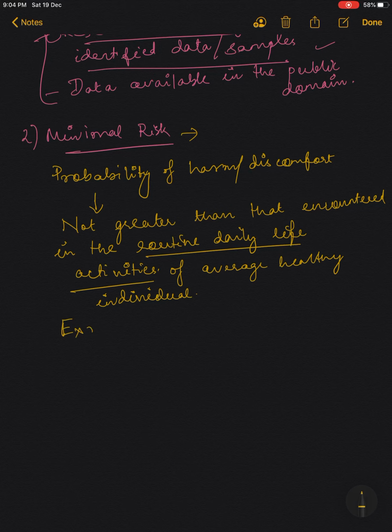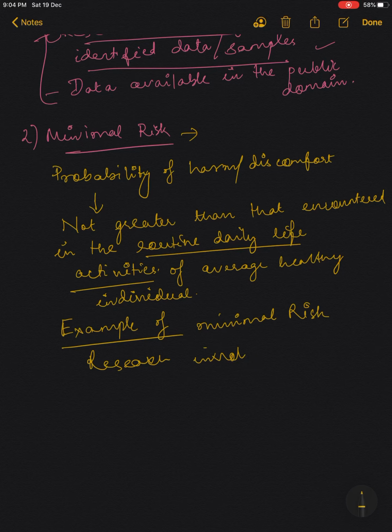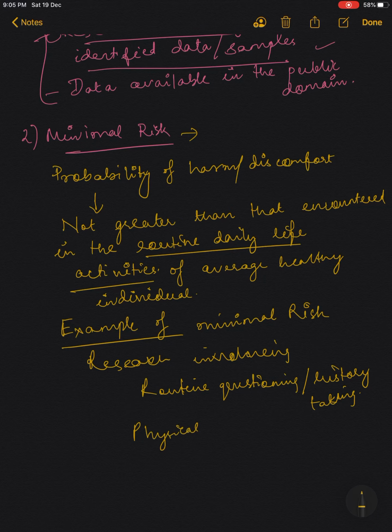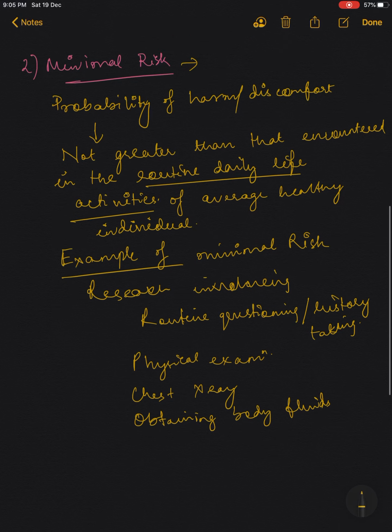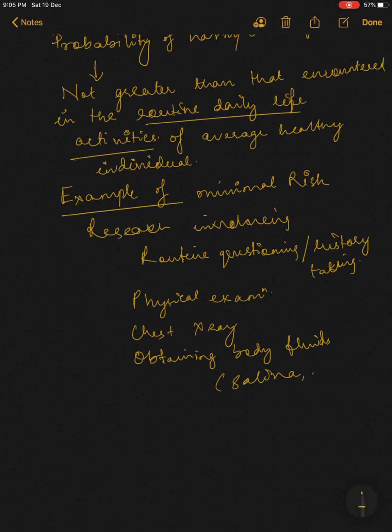And what is the example of this? It is research involving routine questioning or history taking, or physical examination, or doing a chest x-ray, or obtaining body fluids, like saliva, urine.